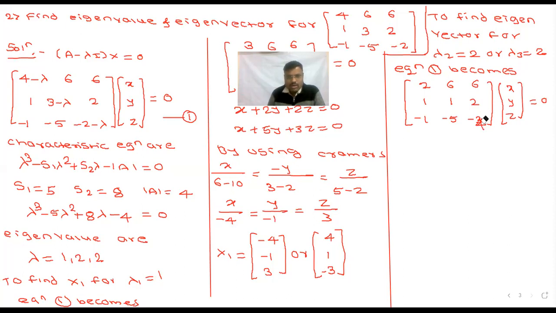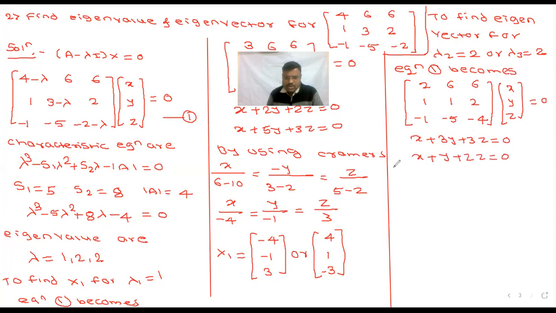On observing, here all equations are different, na? So we take any two equations. So for that we take x plus 3y plus 3z is equal to 0, and second x plus y plus 2z equal to 0.